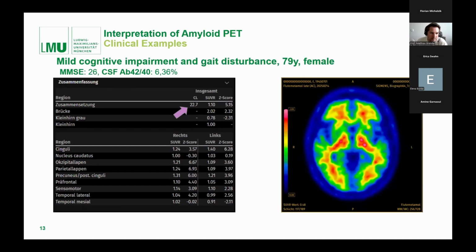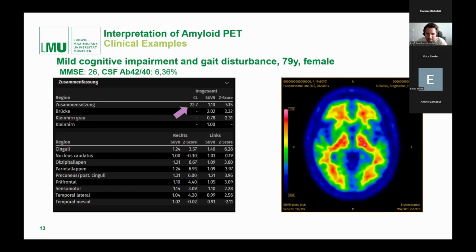Here we have a case that has mild cognitive impairment, but also gait disturbance. And here, of course, the question is: is it Alzheimer's disease or is it Parkinsonian syndrome, maybe atypical Parkinsonian syndrome? And yeah, so what to do with that case? Of course, we also did CSF before.